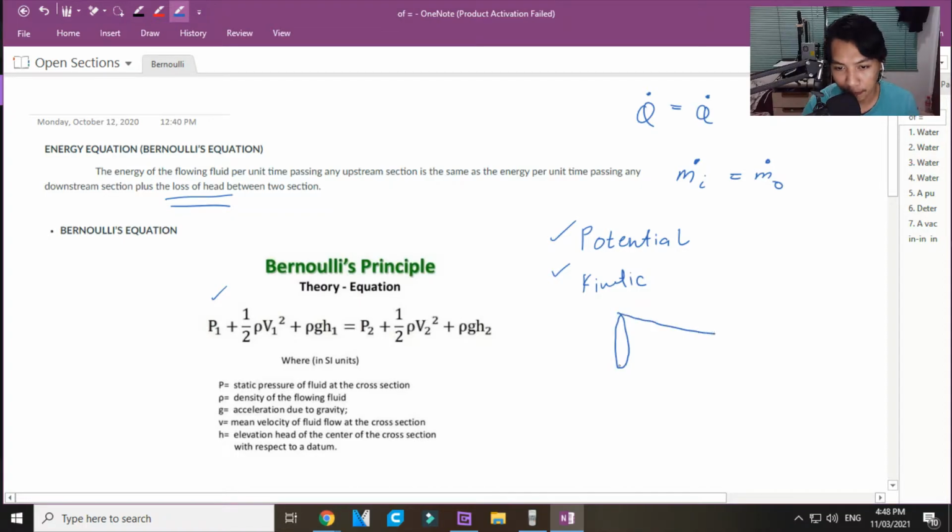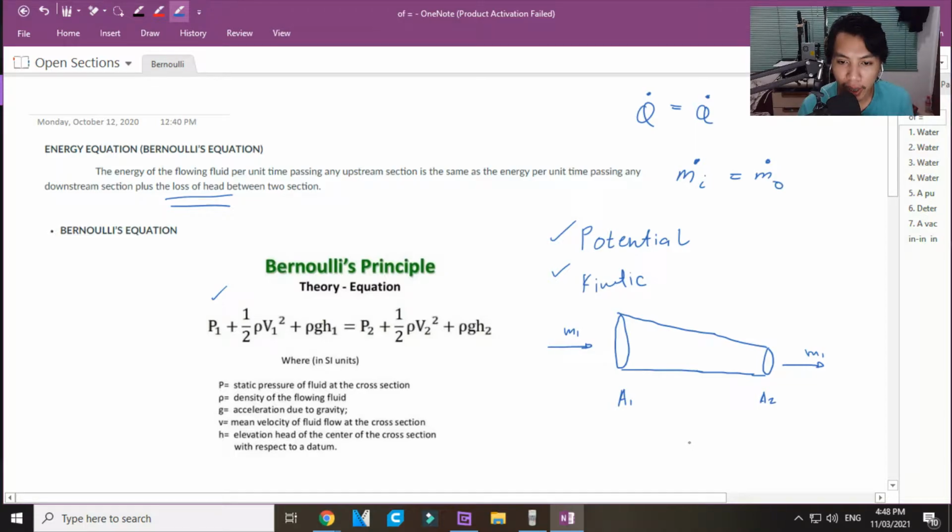Continuity equation, ayan, may nozzles tayo. Sa continuity equation, meron kang nozzles. Okay? You went in as M1, you will go out as M1. Constant ang mass and then constant din ang flow. Whatever is changing there is the area of the flow.